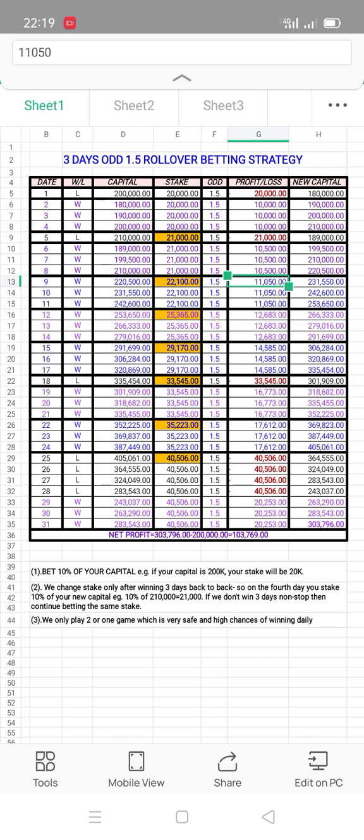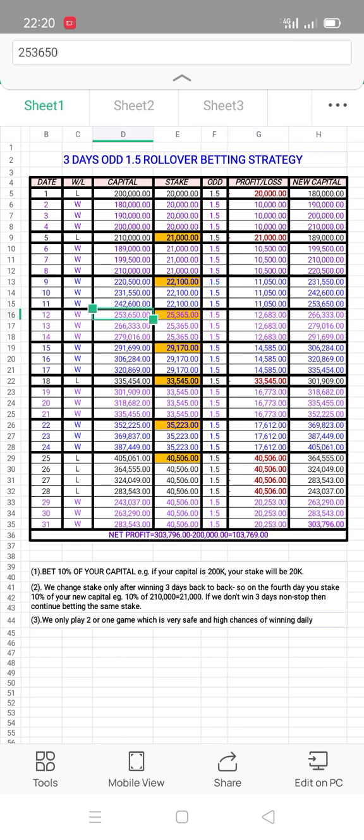If you are staking 22,100 on an odd of 1.5, the money you get, you subtract 22,100 to get 11,050. So we won on day 9, day 10, day 11. Those are 3 days rollover. So that means again we are going to change our stake.